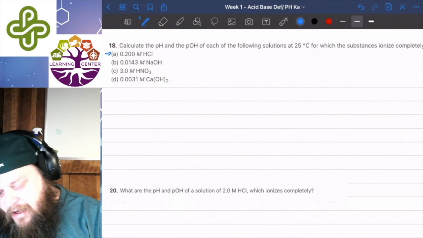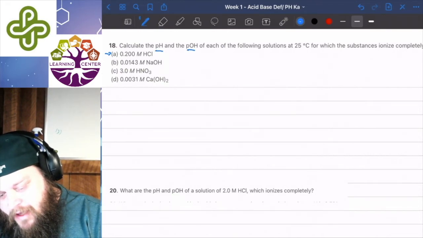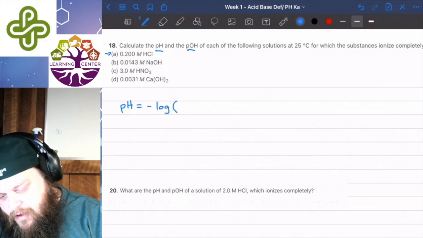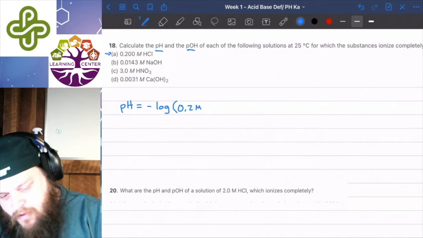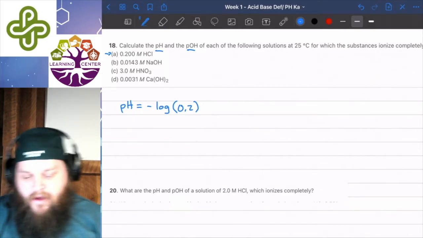So doing that, if you wanted to calculate the pH and the pOH, the pH would equal negative log of 0.2 molar. We can leave the molar out for now. It's just 0.2, the molarity, which is the concentration.